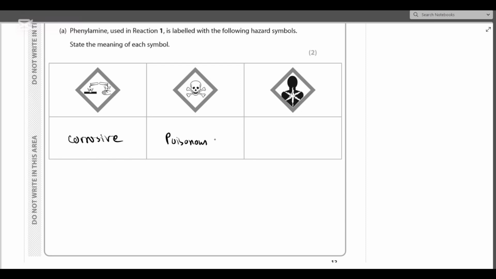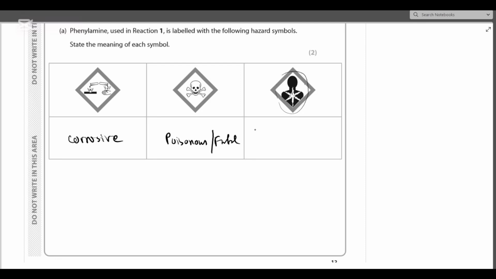On the other hand, this type of sign with a human body and a white star basically means that the products or the reactants are going to cause serious or long-term health hazard if exposed for a prolonged time.